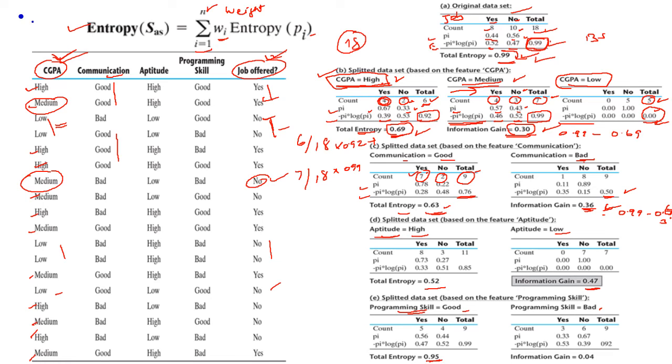The entropy of programming skill is 0.95 and the information gain is 0.04. Among these, the information gain for aptitude is 0.47, which gives the highest value. Hence, we select aptitude to split further.